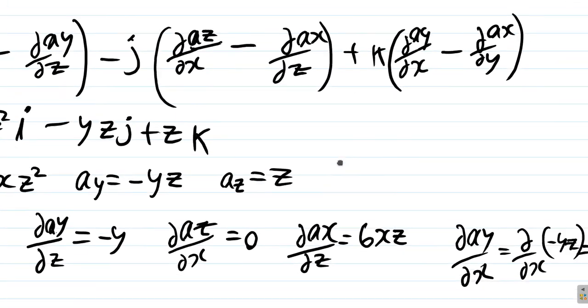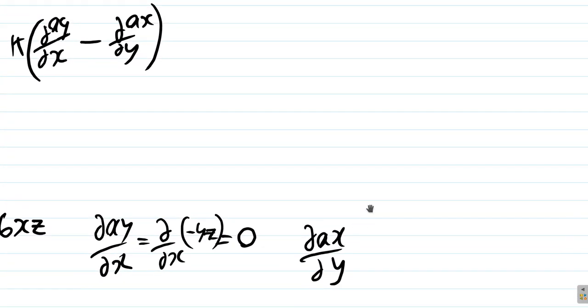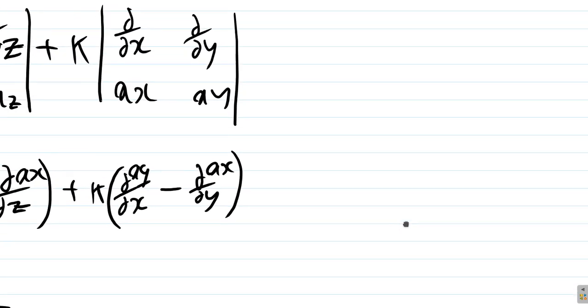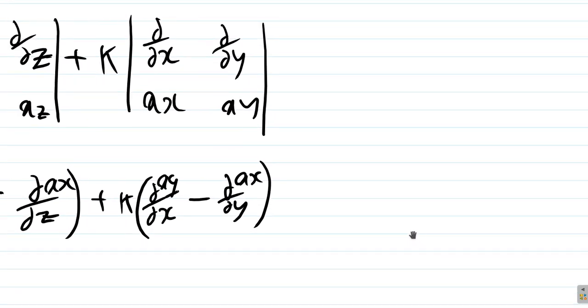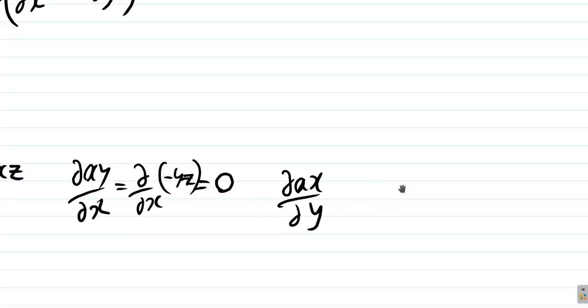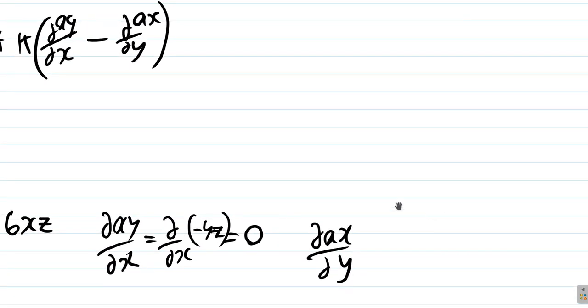Remember, you're doing quite a bit of work here because you're finding the curl, so you have to find the determinant of a 3 by 3 matrix, which is indeed quite a lot of work.